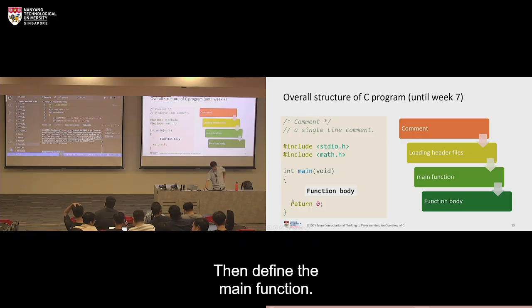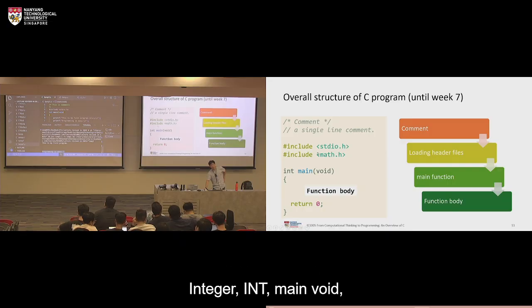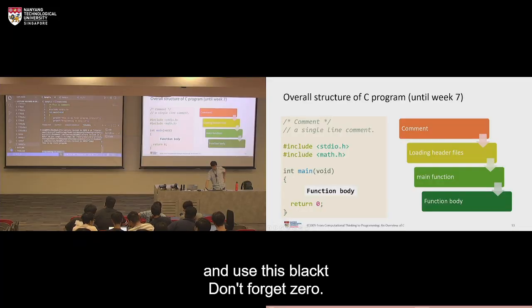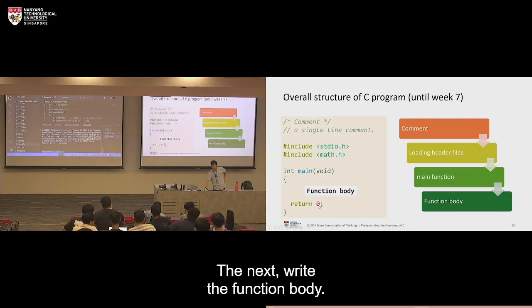And then define the main function: int main(void), and use this curved bracket. And don't forget return 0. And then next, write the function body.